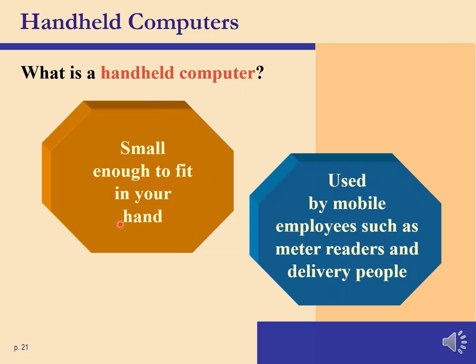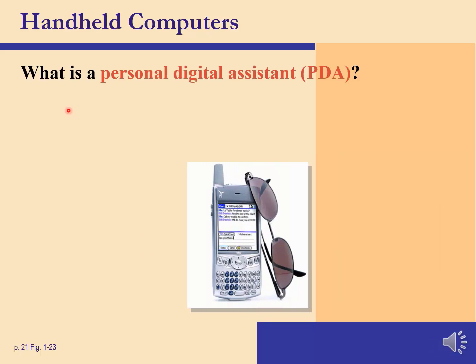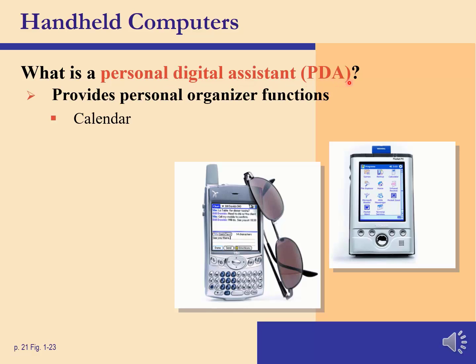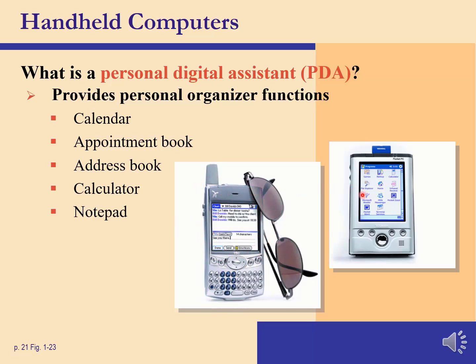Small enough to fit in your hands, used by mobile employees such as meter readers and delivery people. What is a personal digital assistant? PDA. It provides personal organizer functions like these devices, used for calendars, appointments, address book, calculator.